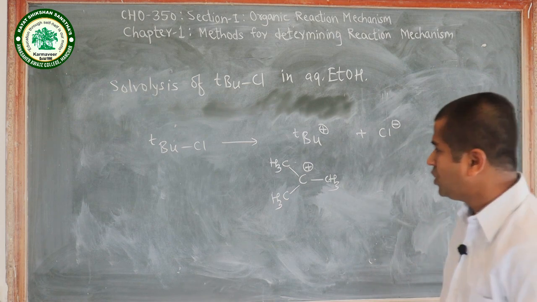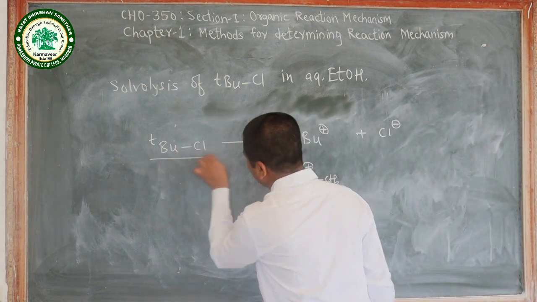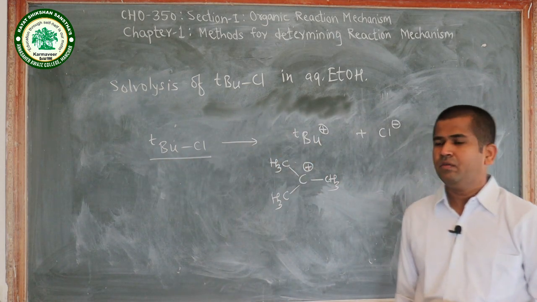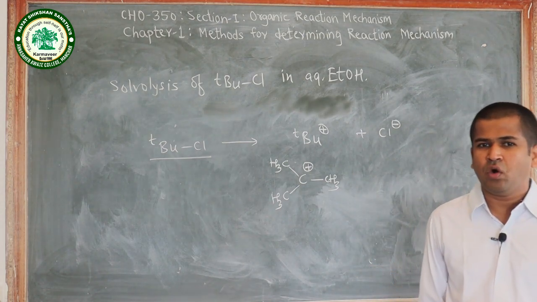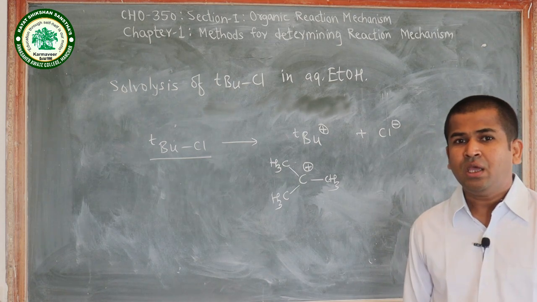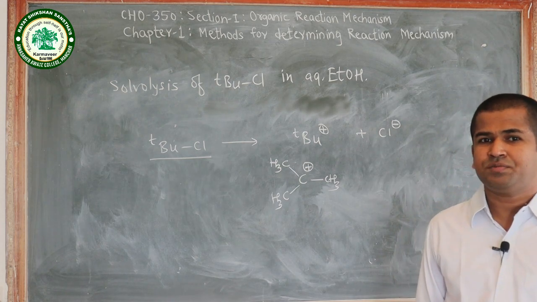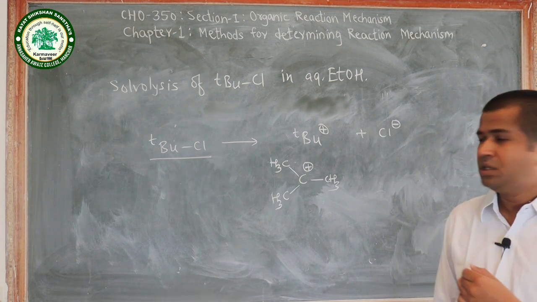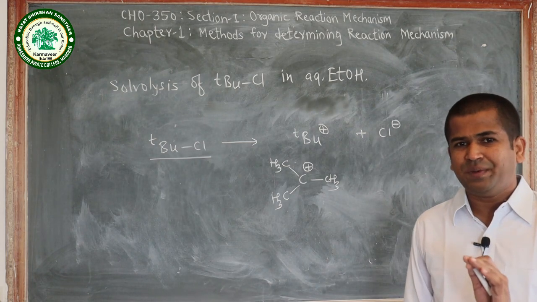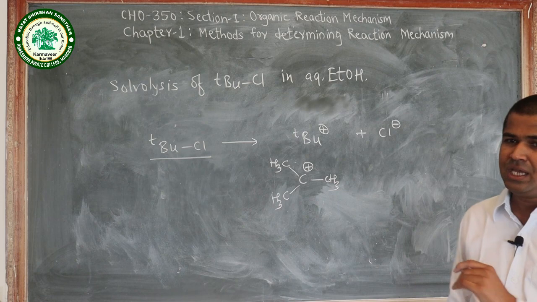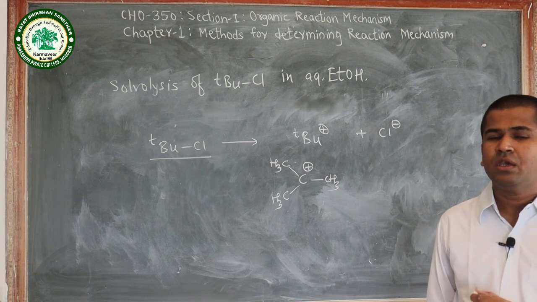Okay. So from this reaction, we expect a positive entropy of activation. Why is this? Because from one molecule in a product we obtain two ions, and each ion has its own degree of freedom. So here degree of freedom increases in the product. So we expect an increase in the entropy.